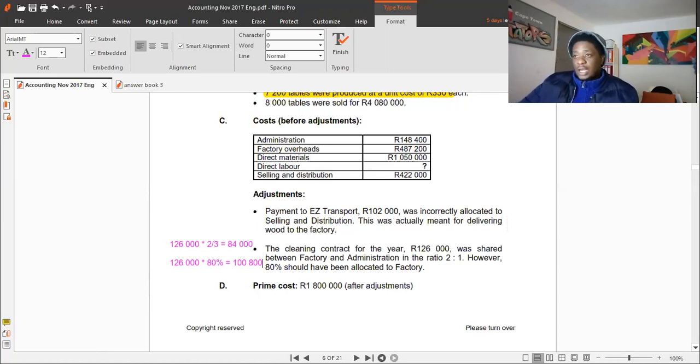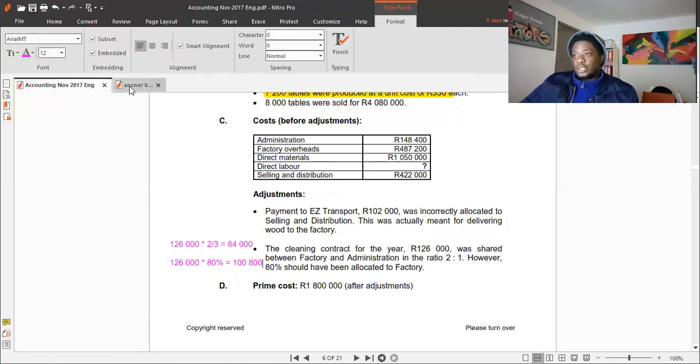So can you see what happened here? Instead of multiplying this 126,000 by 80%, we multiplied by 2/3, and as a result, instead of including 100,800 in the factory overheads, we included 84,000.